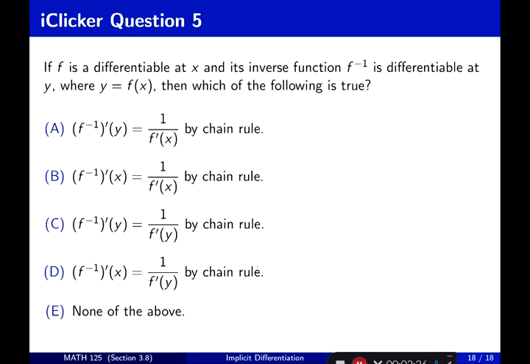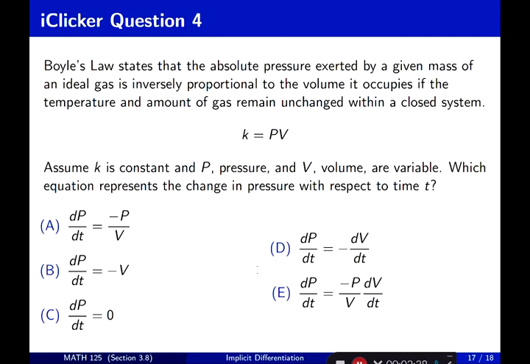So let's do an i-clicker question. I-clicker question 4. Boyle's law states that the absolute pressure exerted by a given mass of an ideal gas is inversely proportional to the volume it occupies.